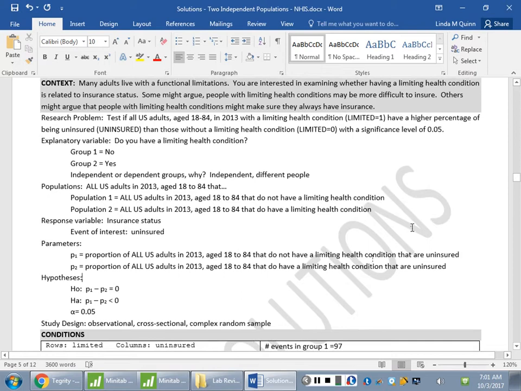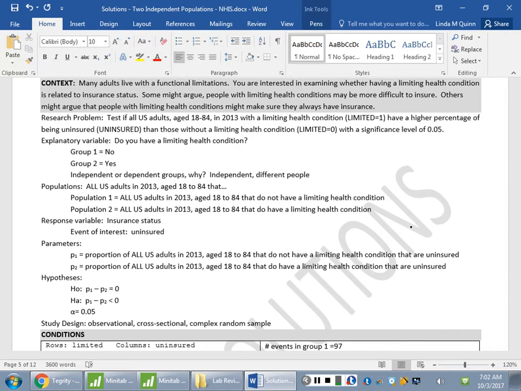So we're trying to figure out if the people with a limiting health condition have a higher percentage of being uninsured than those without. So let me kind of write those in words here for a second. So I'm trying to figure out if the proportion with limited is higher than the proportion without.